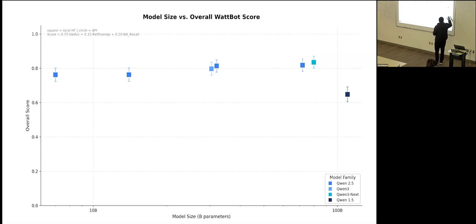But then we still have the Qwen 1.5 model that's an outlier, has a lower score compared to the others, and it's a very, very big model.